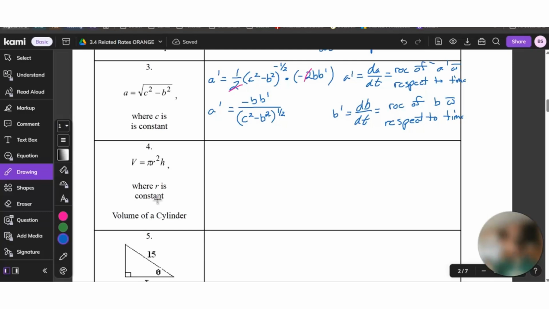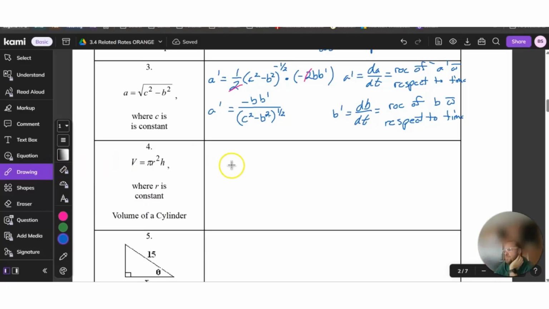Does the radius of her cup ever change? Okay, it's the same. So it's constant, like this is saying. What about the liquid inside if she's drinking it? Does the height of it change? It goes down, right? Does the volume change if the height goes down? Yes. So that could be a reason that we're doing something like this. We have a cylinder container and we have something that's filling up or emptying from it.